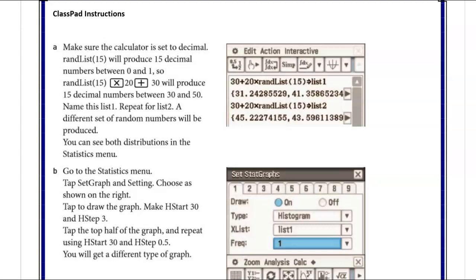And then because the difference between 30 and 50 is 20, that's where the times 20 comes in. So times 20 RAND, using RAND list actually, and putting in 15. And then that'll give you your uniform decimal numbers between 0 and 1.